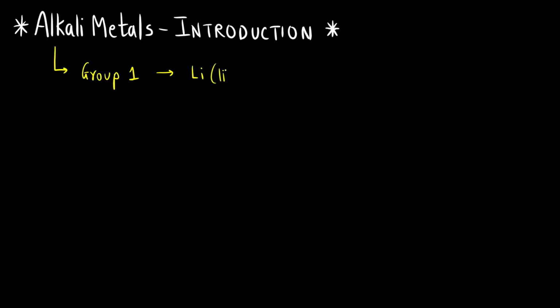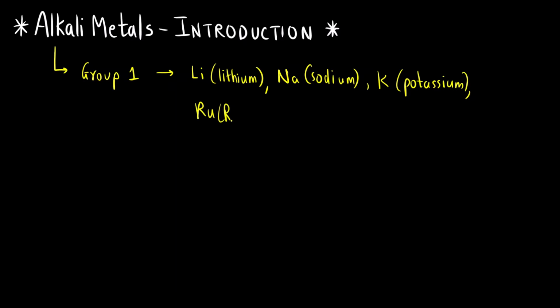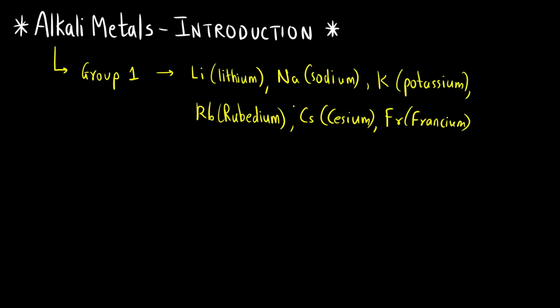Lithium, sodium, potassium, rubidium, this is Rb, cesium, and francium. Okay, these are the elements that are present in group 1 of the periodic table. They are known as alkali metals.